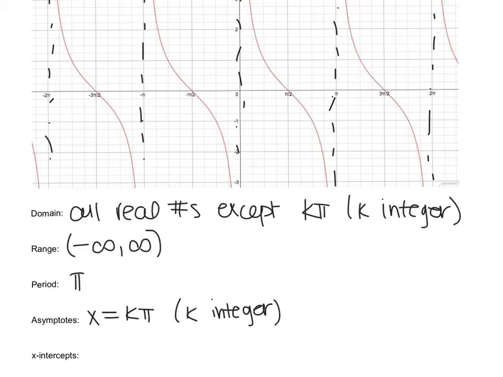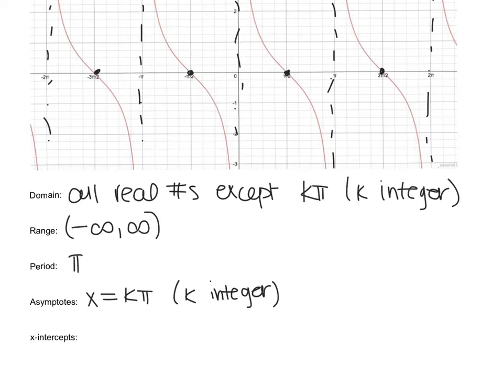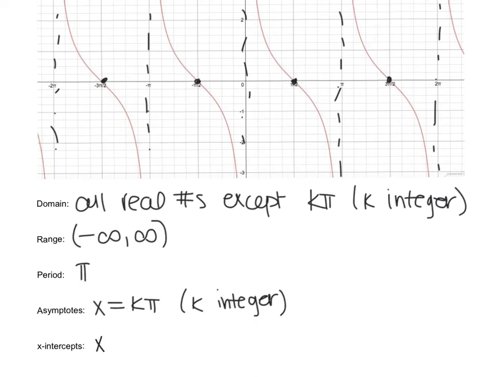And lastly, our x-intercepts. Looking at the graph, our x-intercepts are pi over 2, 3 pi over 2, negative pi over 2, and negative 3 pi over 2. So its x-intercepts are going to be at x equals pi over 2 plus k pi, where k is an integer.